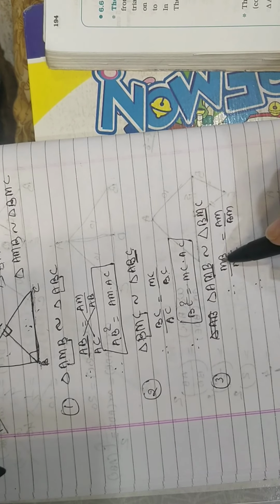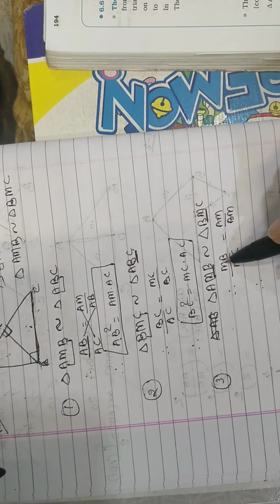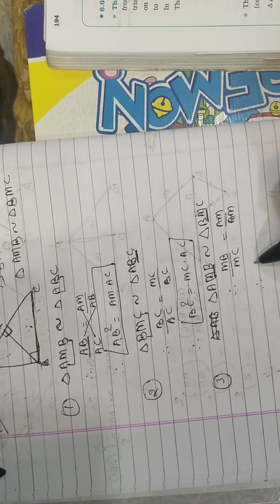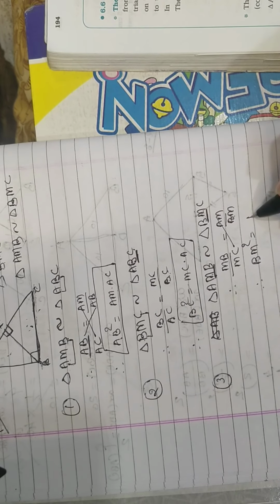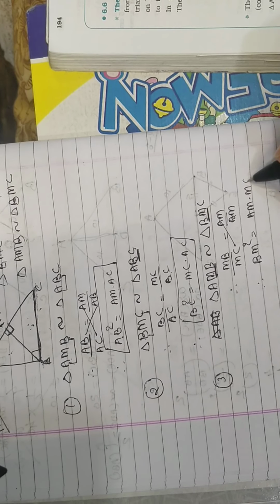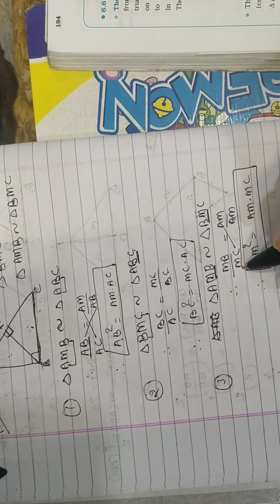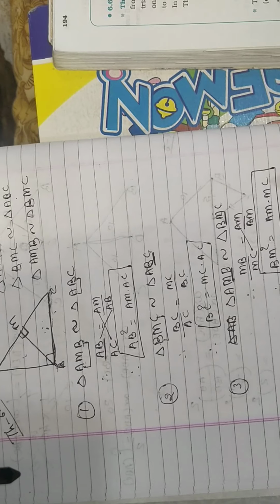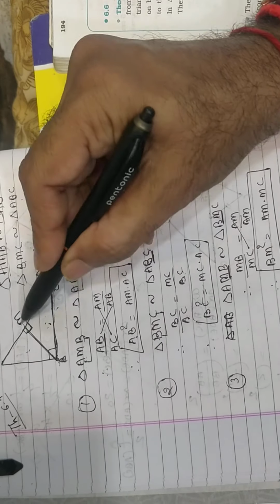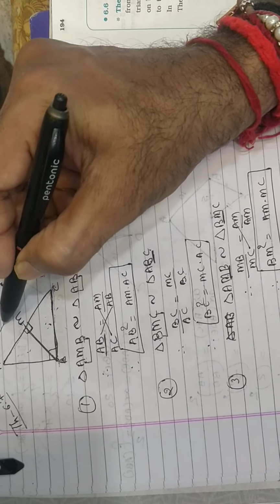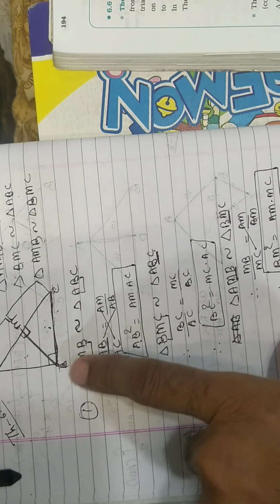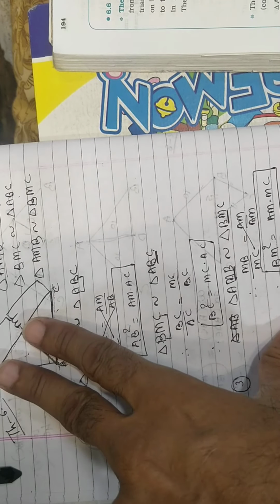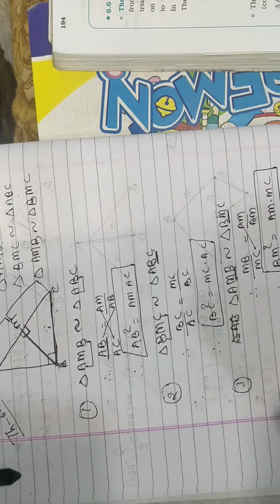Now MB is multiplied with MB, it will be MB square or BM square, and take cross multiply of AM and MC. So this is your third formula, BM square is equal to AM multiply MC.